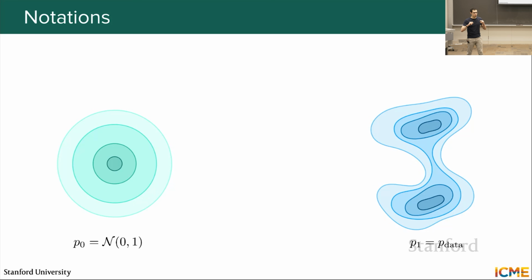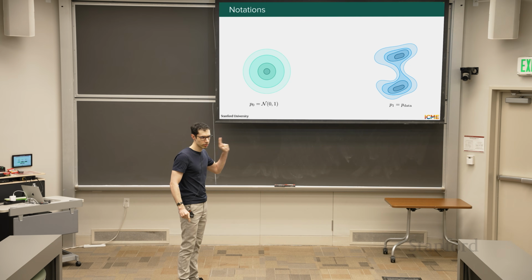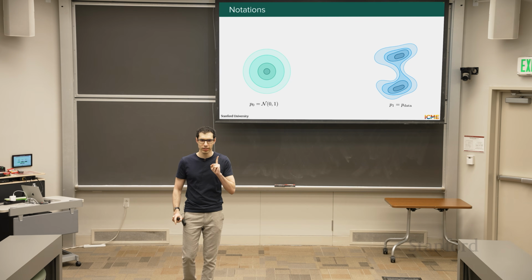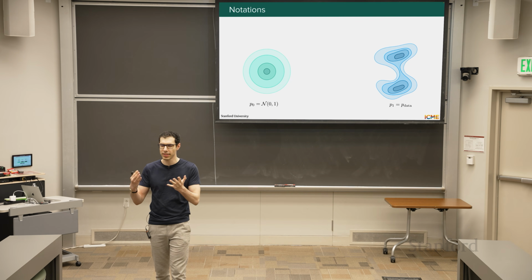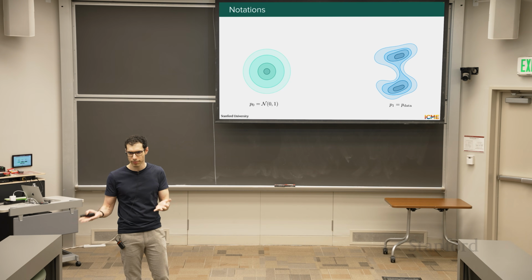So I'm going to just give you a warning in terms of conventions. In the past, we've seen that 0 was clean data, and then capital T was the noise data, but here it's going to be different. So we will be noting P0, our initial data distribution, which is typically something that is easy to sample from, such as Gaussian noise.